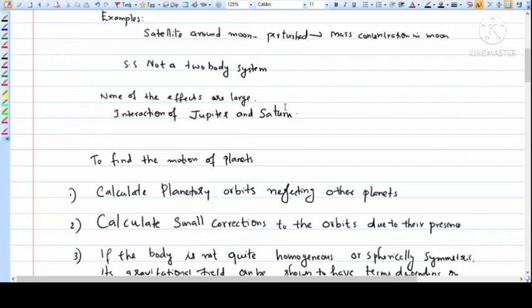We will study this in Kepler's laws. It was mentioned in the general properties of central force that in the orbit, planets sweep equal areas in equal times, or per second they sweep equal areas. Due to the perturbation from the interaction of Jupiter and Saturn, the law of equal areas is not held exactly. So these are the things that we have to remember.